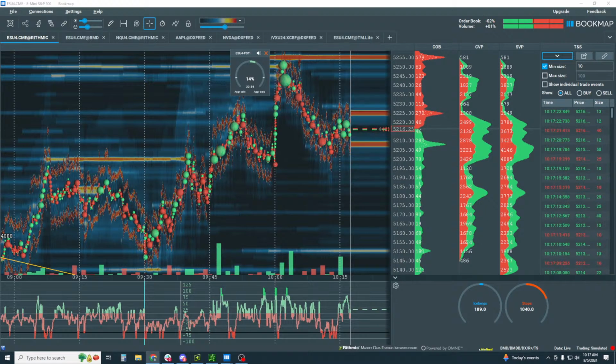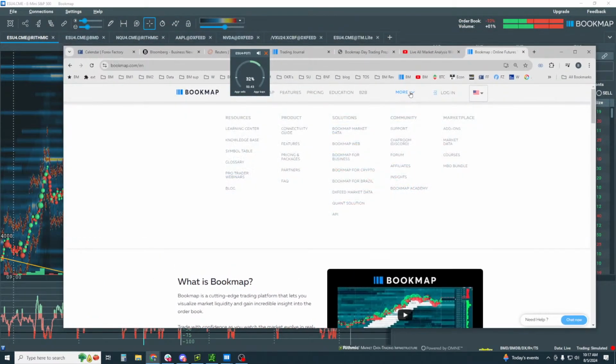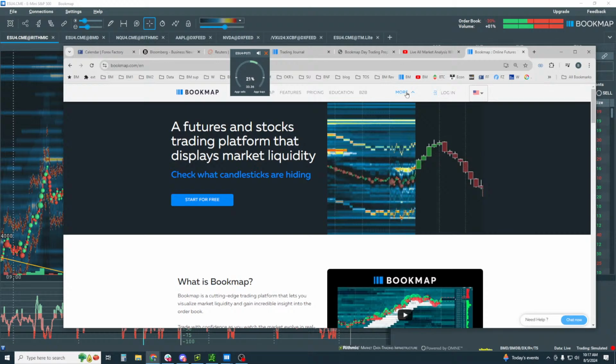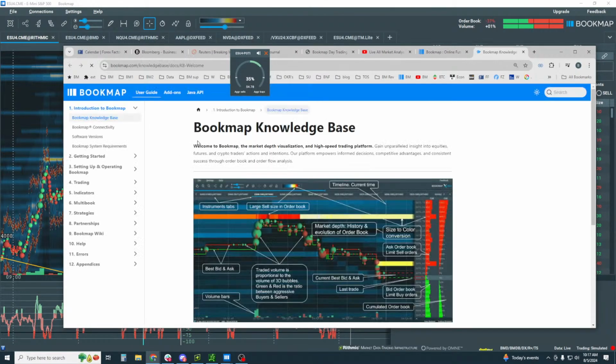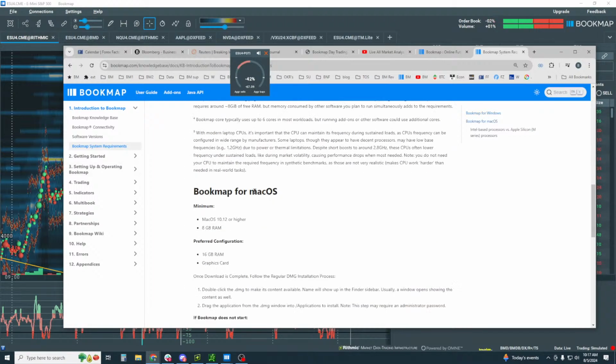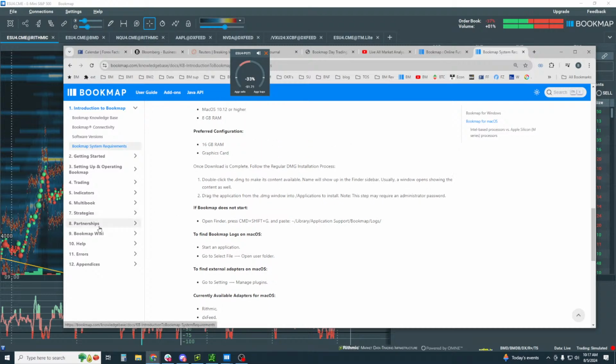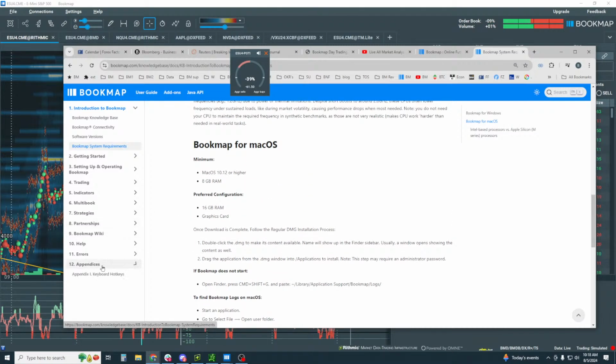In the meantime, though, you can definitely go to bookmap.com, and you can look up your specs in the knowledge base. Click on the more button, go to the knowledge base, and from the regular user guide section you can look at the system requirements. Read through that, and there are all sorts of suggestions on how to optimize it.